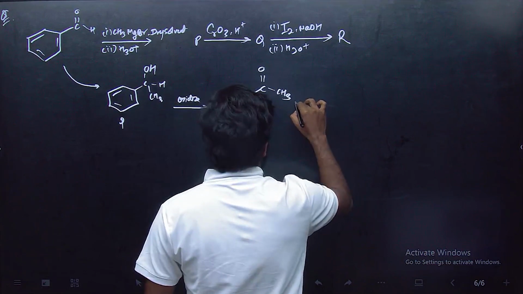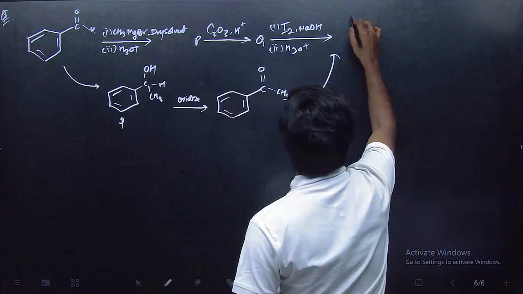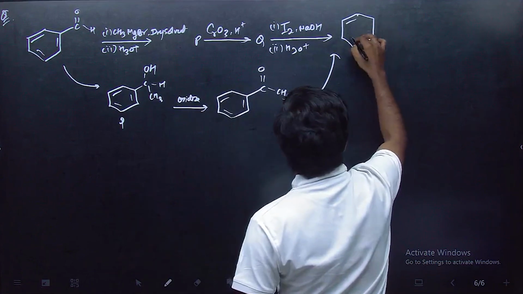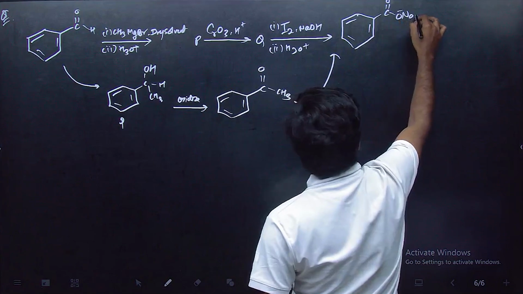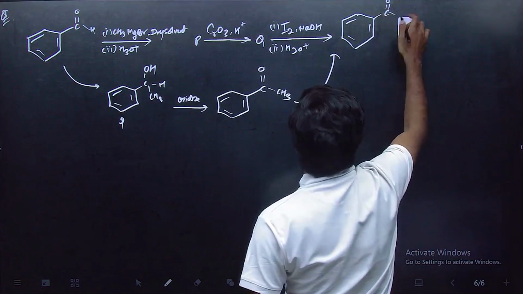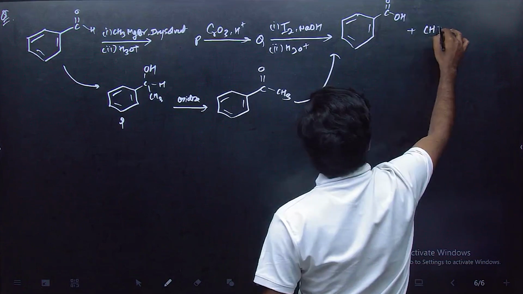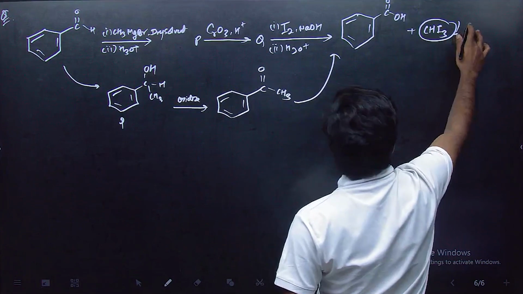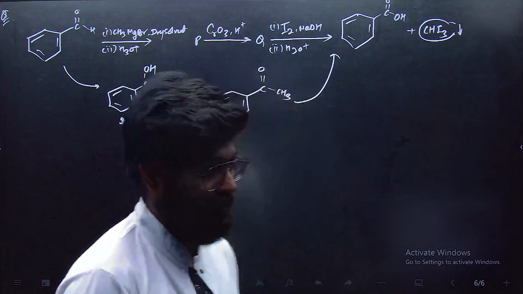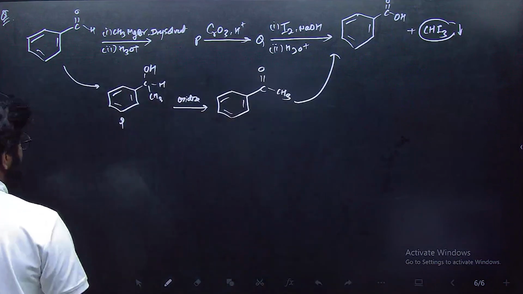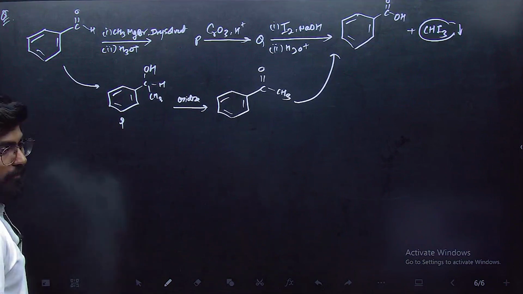And when I treat it with I2/NaOH, the final product becomes the salt of benzoic acid. But since I have hydrolyzed it, I will get the acid directly, and you will get CHI3 altogether, which will basically be the main source of identification of this reaction's completion, that is the precipitate formation. So this is the haloform reaction, the last one. Got it?